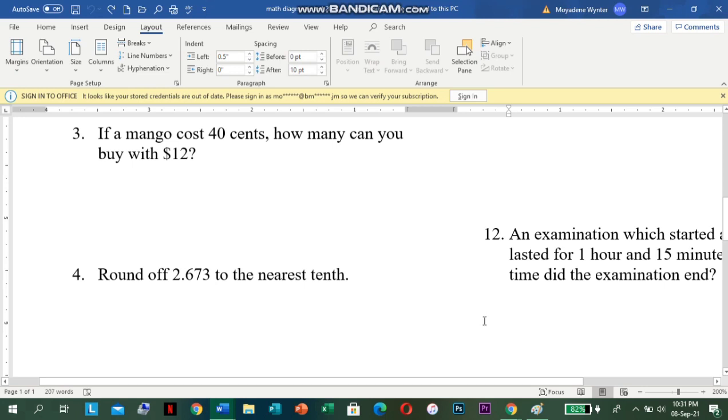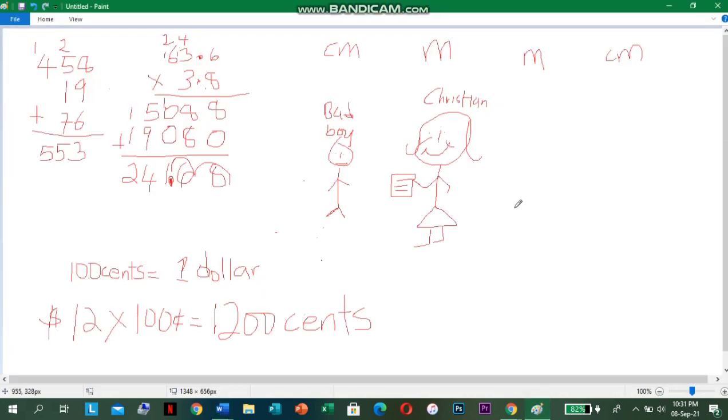In order for us to do this, we have to divide. Yes, we have to divide now in order to know how many mangoes we can buy with our 1,200 cents.